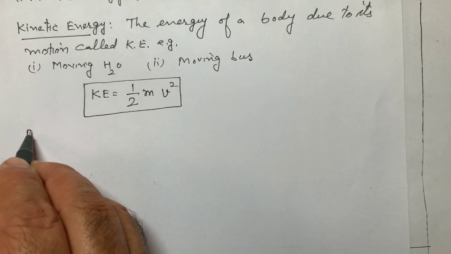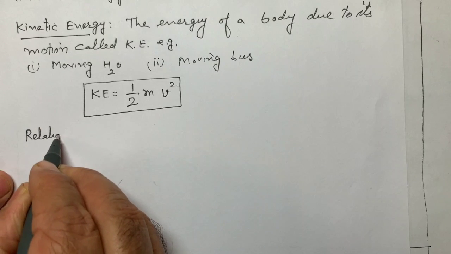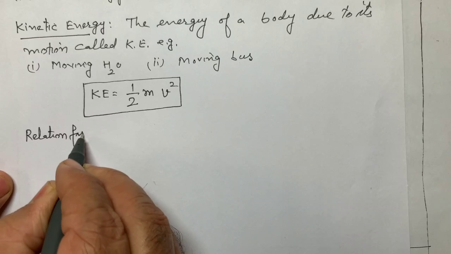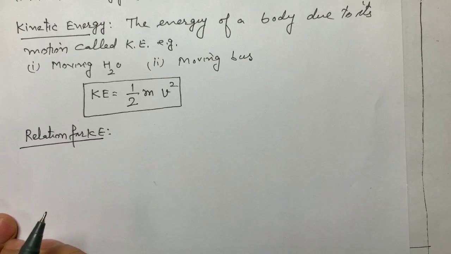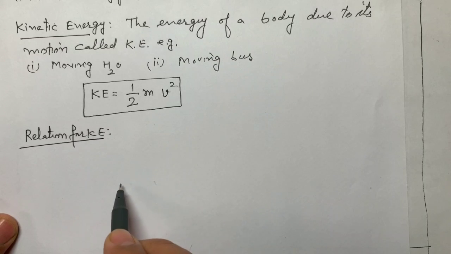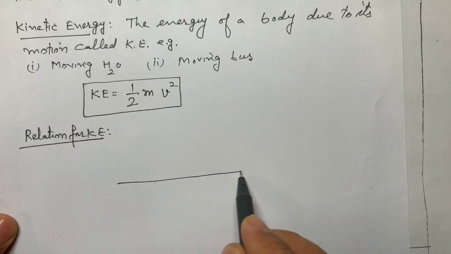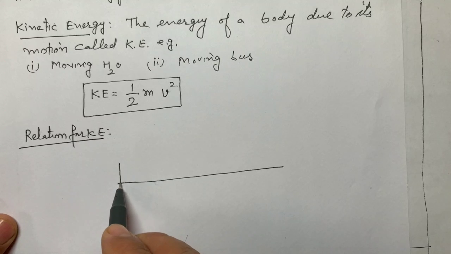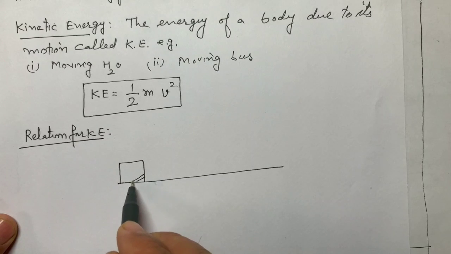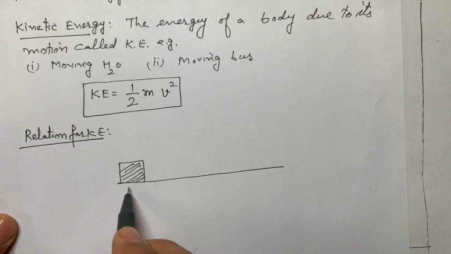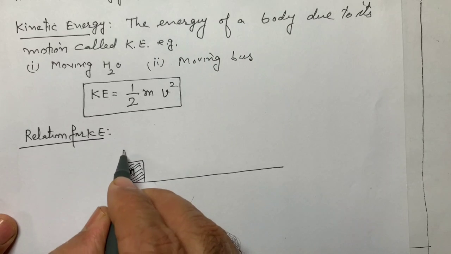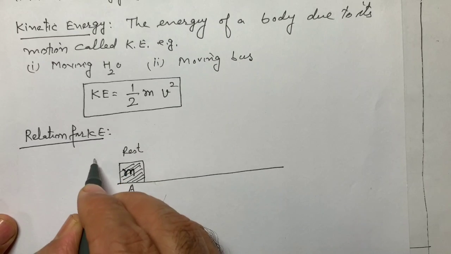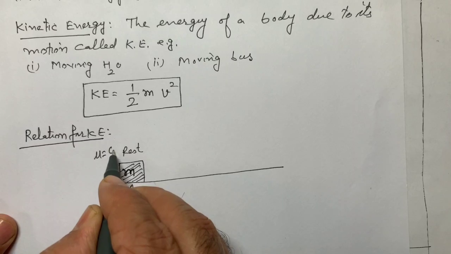Now, how can we find out this relation for kinetic energy? Let us suppose initially a body is at rest. Let this be the point A. The mass of the body is m and it is at rest, which means its initial velocity u is equal to 0.